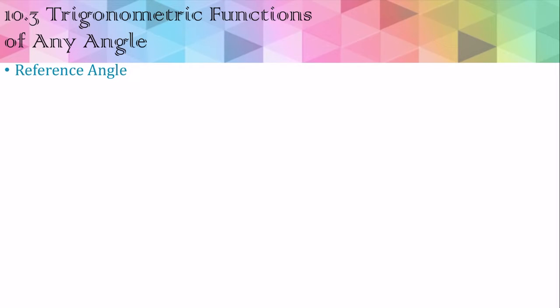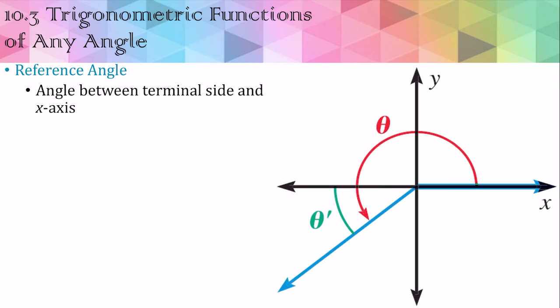To help us identify or evaluate trig functions of any angle, we can use a reference angle, which is an angle between the terminal side and the x-axis. So this angle here, that's the reference angle. It always goes to the nearest x-axis.